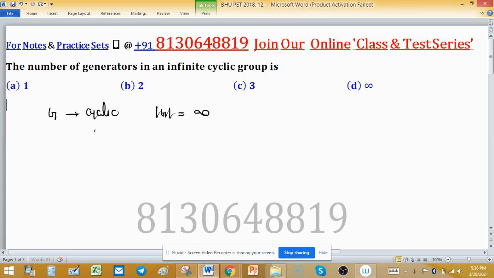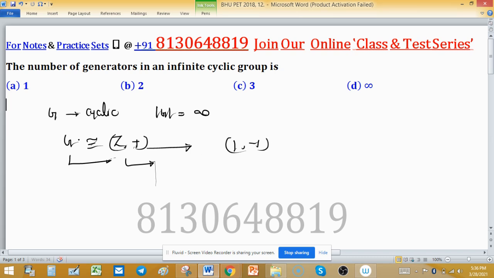We know that every infinite cyclic group is isomorphic to Z under addition. This has infinite order and that also has infinite order, and both are isomorphic. The number of generators of Z is 1 and minus 1, meaning only 2 generators.